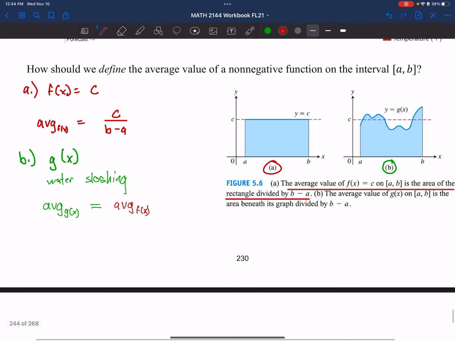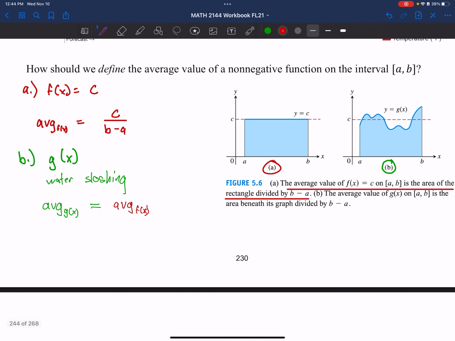So really, how do we then find that area? Well, that's how we did it in the first part of this lesson. You're just going to have to subdivide it into rectangles. So let's write a formula here.